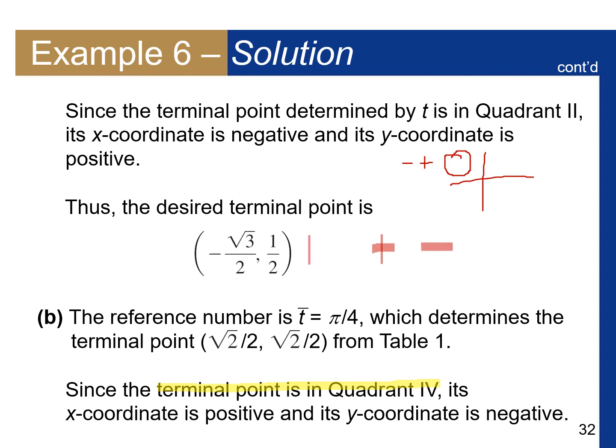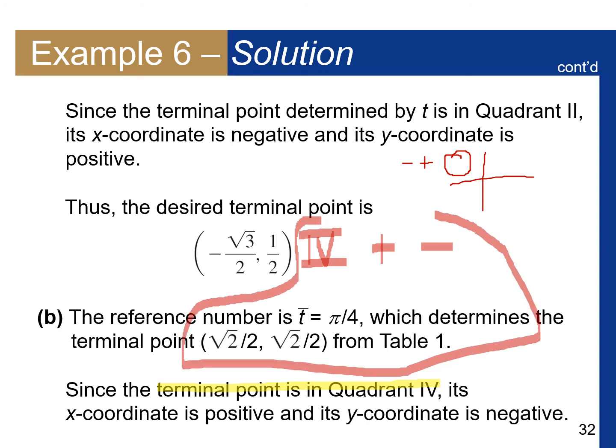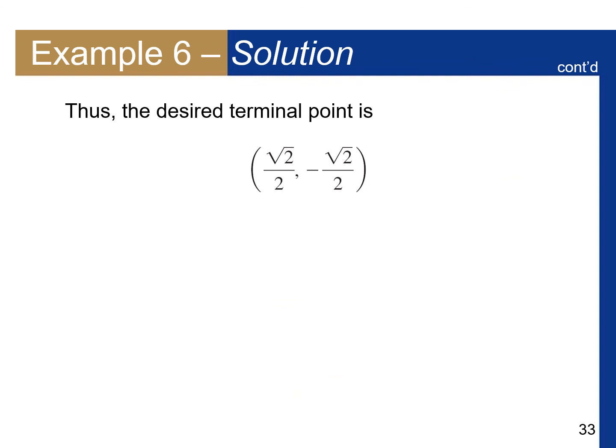And again, that's because it falls in quadrant 4. Okay, and this is down here. I shouldn't confuse it with what's right above there. All right, let's look at the desired terminal point. There we go. Now we're going x positive, y negative.